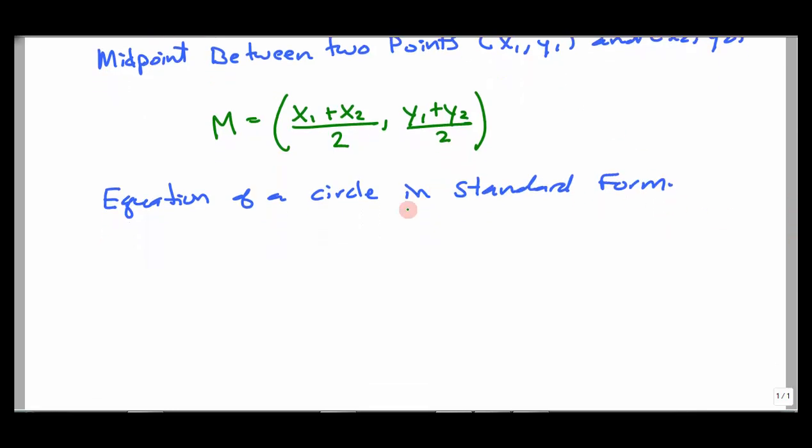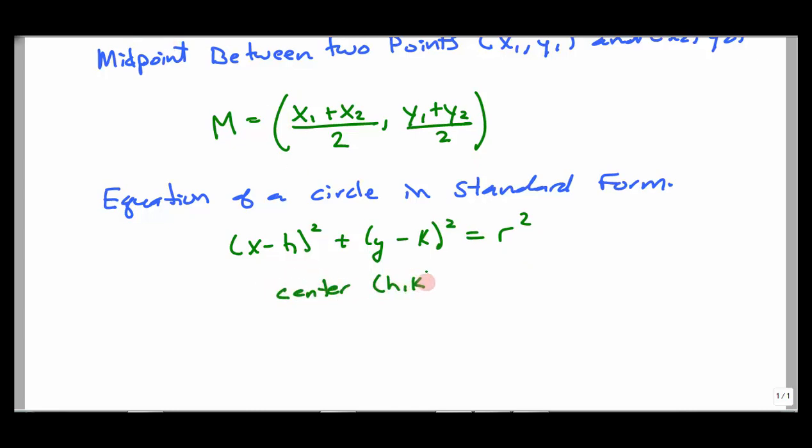So the standard form for the equation of the circle looks like (x - h) quantity squared, plus (y - k) quantity squared equals r squared. Now the center of the circle then is the ordered pair (h, k). Notice it's opposite because I have a minus sign here. And the radius of the circle is just lowercase r here, radius.